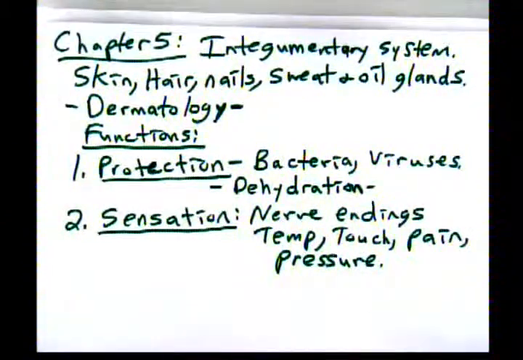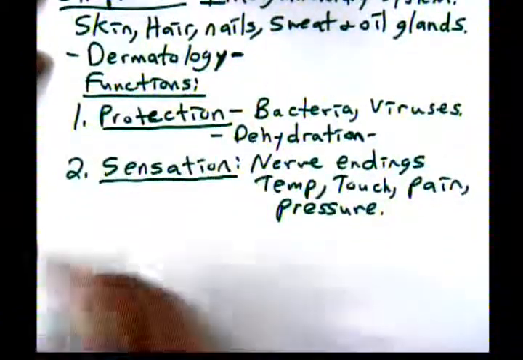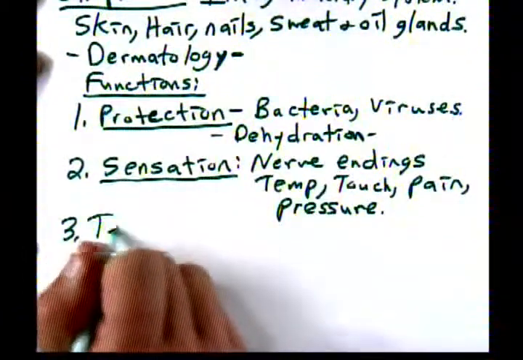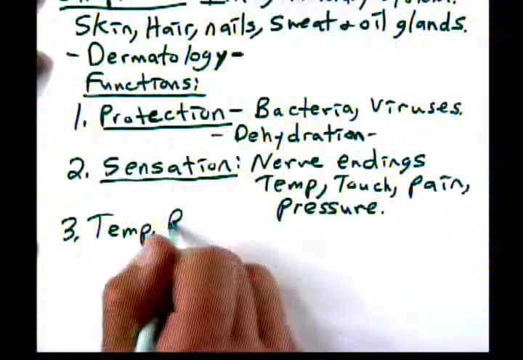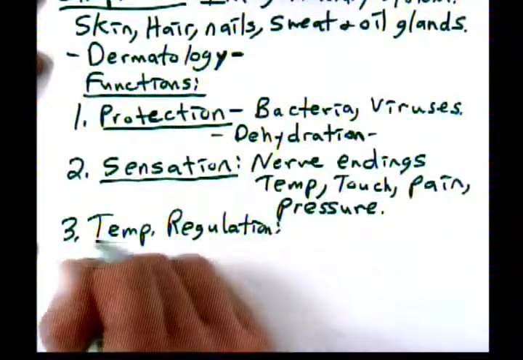So very, very important function of the skin, all right? A couple other things I want to mention as far as purposes of the skin, or of this system. Temperature regulation. Now, I want to go through this a little bit and just kind of explain how this works, okay?